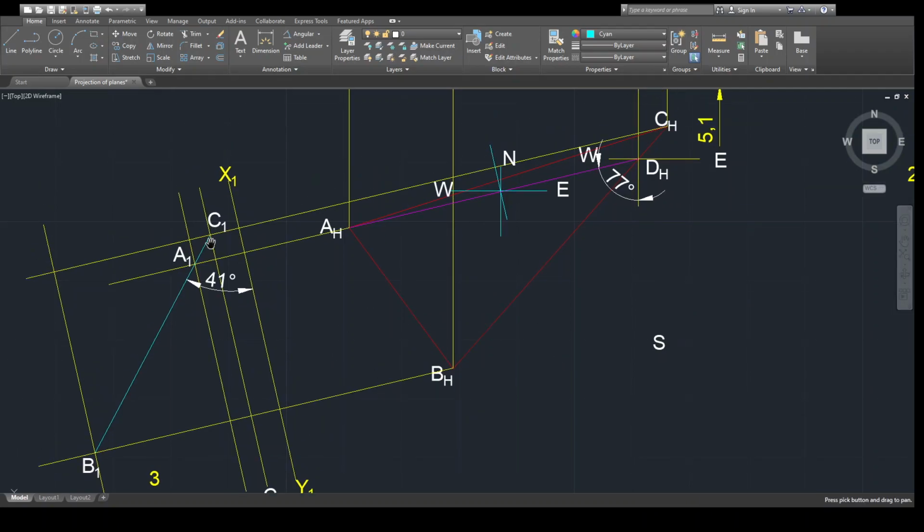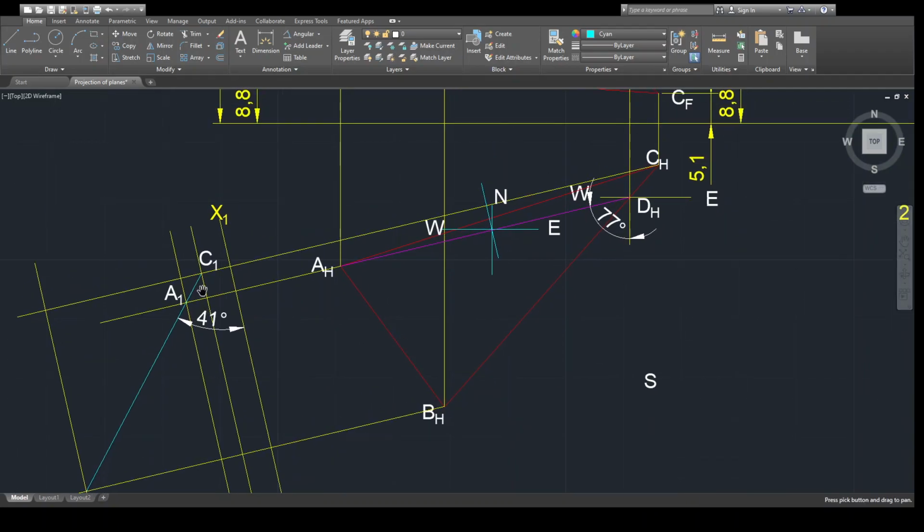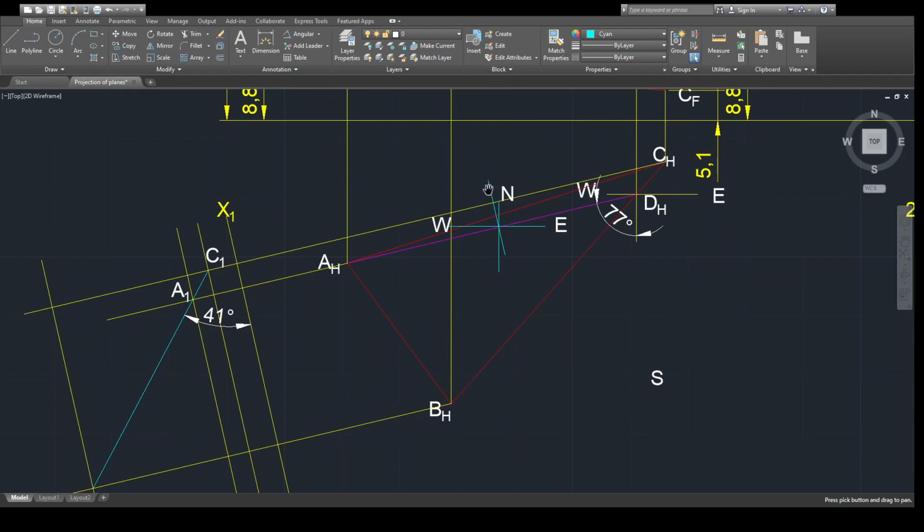Here C1 is close to the x1 y1 line, meaning point C1 is above this AHDH. You can see A1 and D1 points are the same. So C1 is above the strike line, which means the dip direction is above the strike angle line. That's why it is in the quadrant of north to west. So the dip angle is 41 degrees and its direction is north to west.